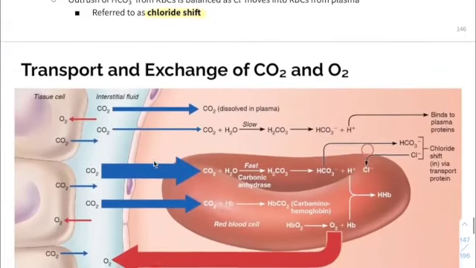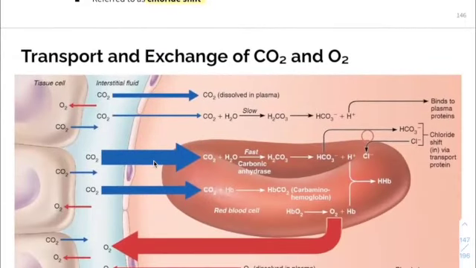So here is this reaction occurring. We're getting carbon dioxide coming out of the tissues. It is going from that interstitial fluid into the capillaries, which will then go into the red blood cell. Once it's in that red blood cell, it's going to react with water, and that carbonic anhydrase is going to make carbonic acid, which will then dissociate into bicarbonate and hydrogen.